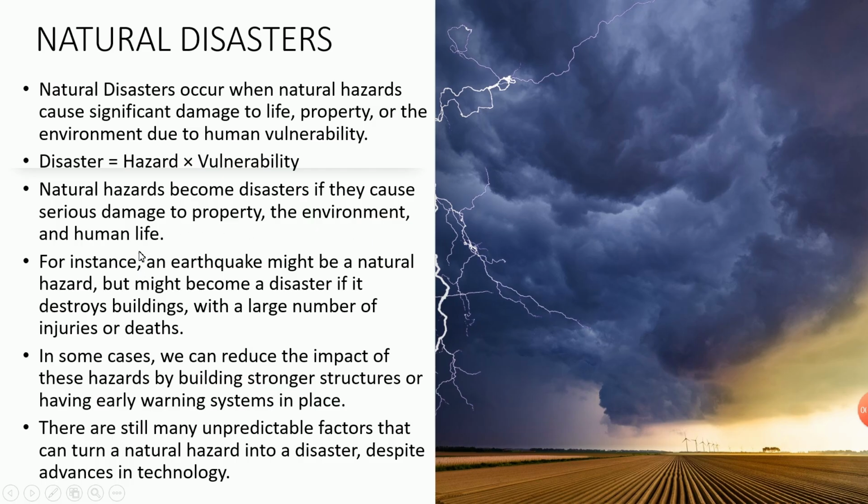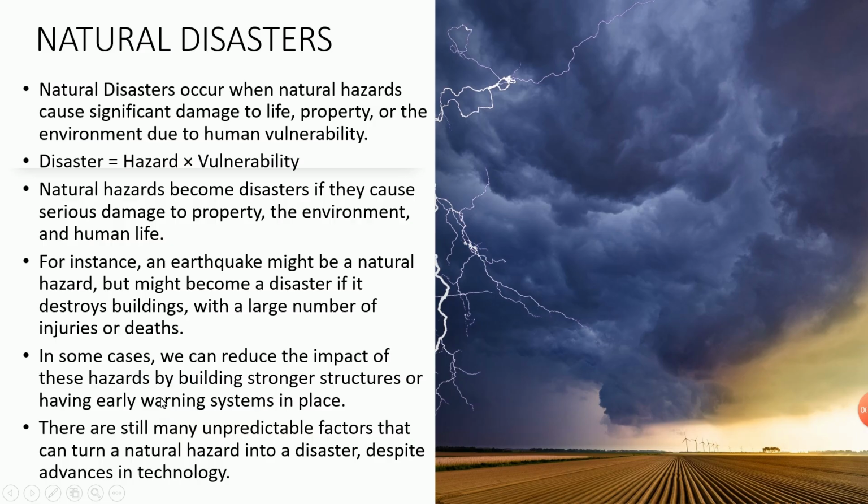So for instance, an example is given here. An earthquake might be a natural hazard but might become a disaster if it destroys buildings with a large number of injuries and deaths. In some cases, we can reduce the impact of these hazards by building stronger structures or having early warning systems in place.